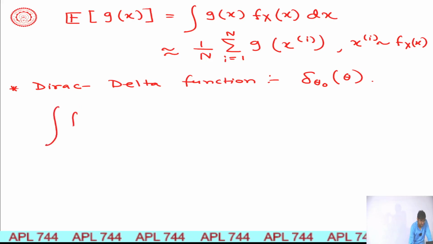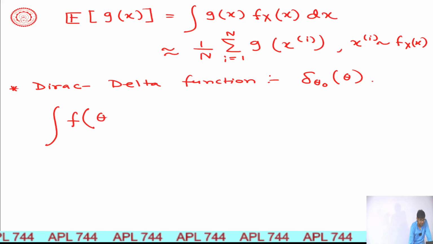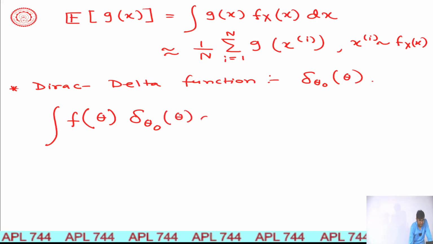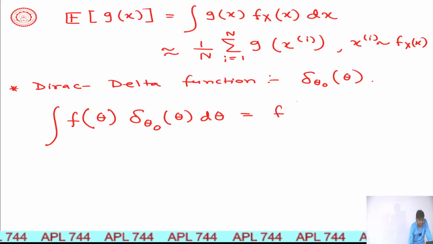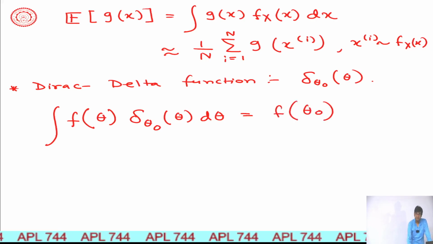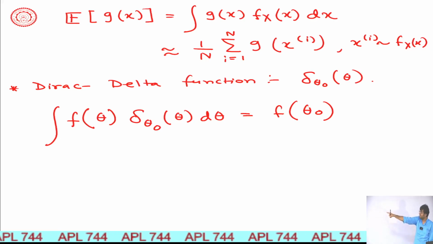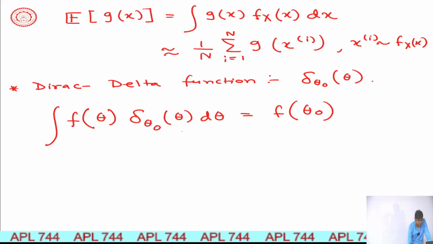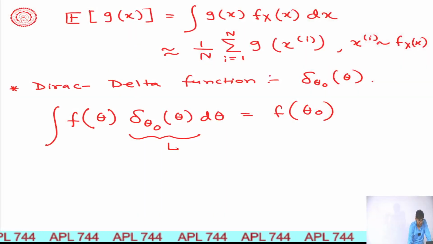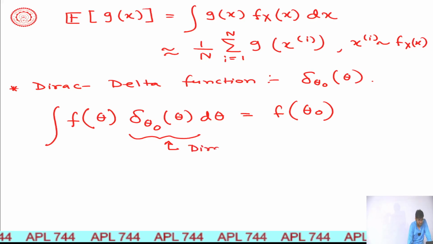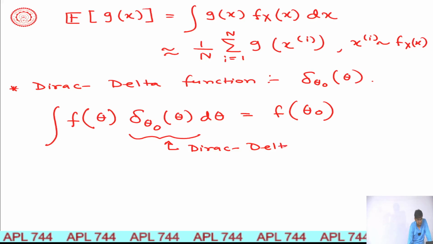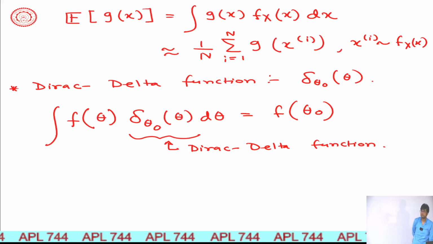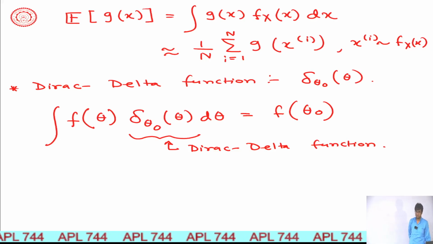If you have an integration of f of theta multiplied with that function, and the output gives you f of theta naught, then if this relation holds, that delta function is known as the Dirac delta function.